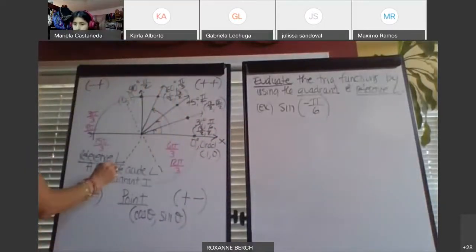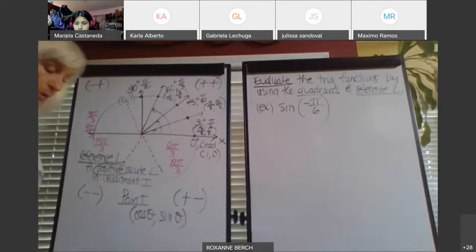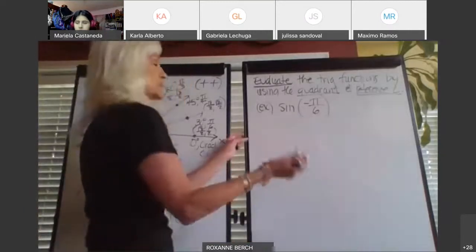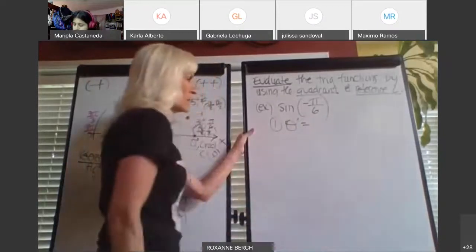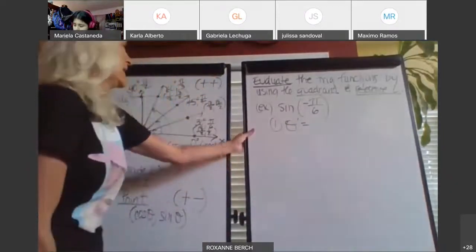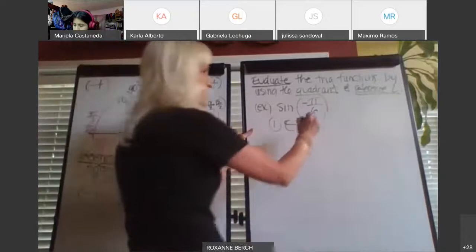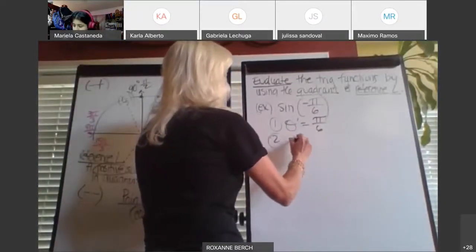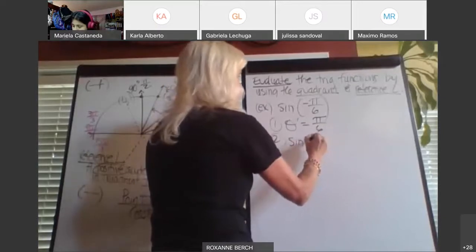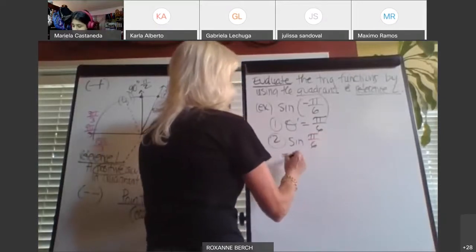Remember, a reference angle has to be positive acute. So if you were going to find a reference angle, it's not negative pi over 6. Your reference angle would be positive pi over 6. And then you would evaluate the reference angle, sine of pi over 6.